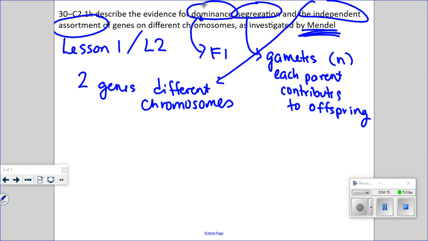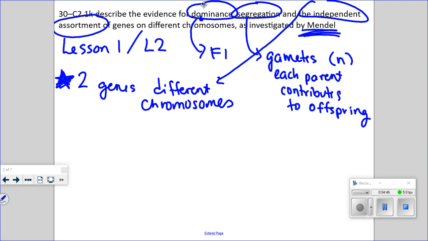And he saw that being tall didn't necessarily mean you had to be green. Being short didn't necessarily mean you had to be yellow. But I need to put an asterisk here, because even though this was true a lot of the time, once we got to lesson 3, this was not true anymore, because sometimes genes are on the same chromosome and they do not assort independently.